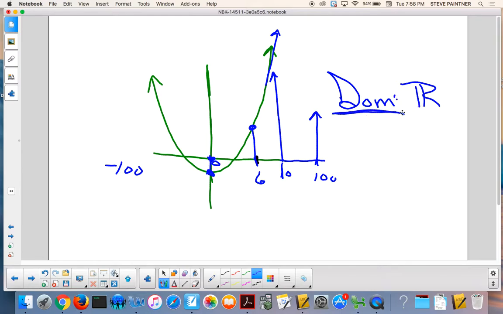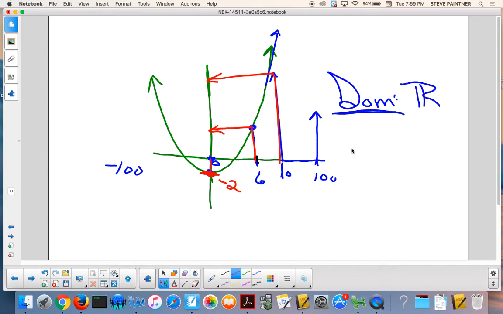But when you talk about the range, now the range is different because the range would be this way. 6 gets an answer, it's right here. 10 gets an answer, it's right here. 0 gets an answer, it's right there. Now what happens is this little y value right there, that's the lowest y value. Let's pretend it's negative 2.